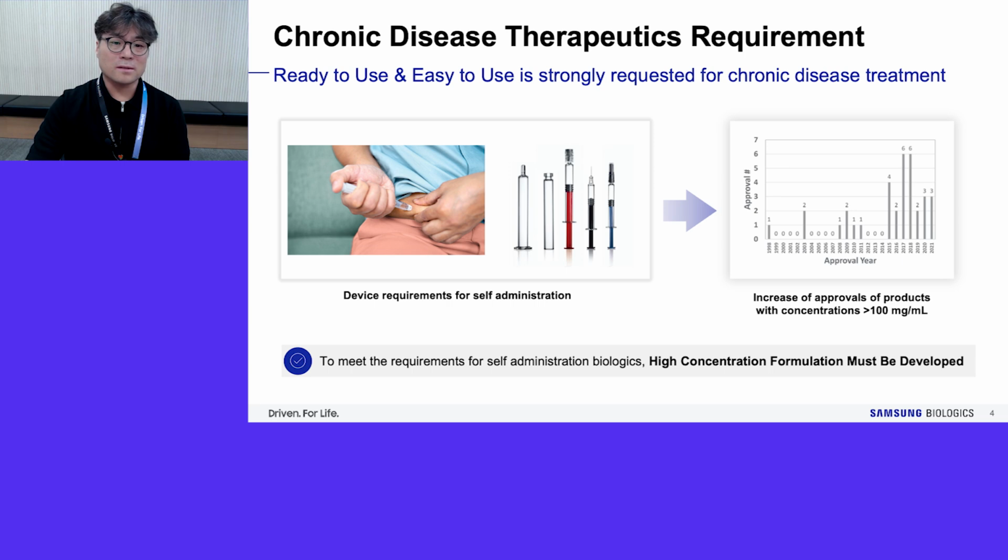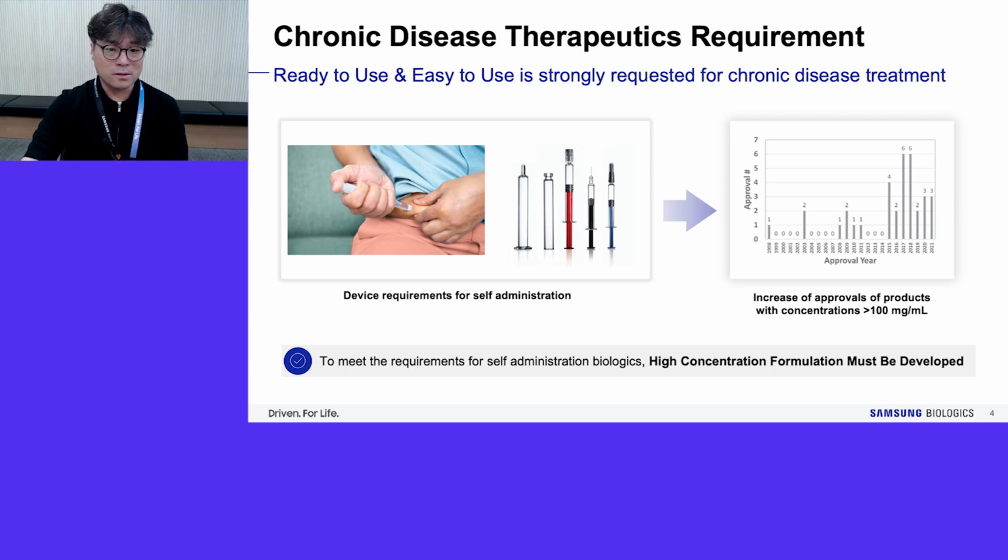The first reason is the trend of ready to use and easy to use. Most patients want to inject by themselves at home. They don't want to go to the clinic for IV infusion administration anymore.